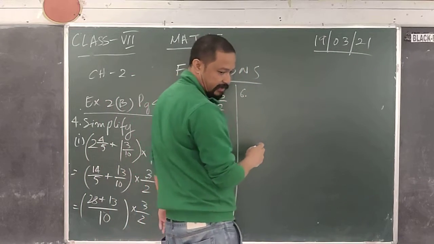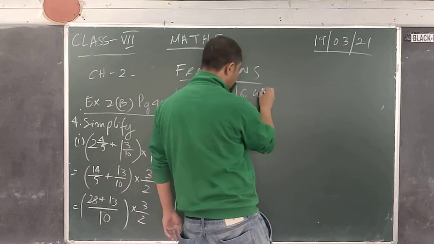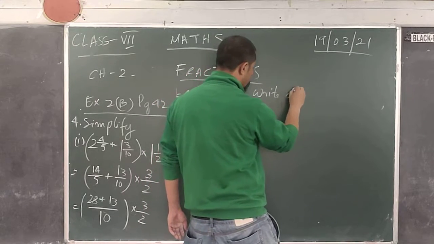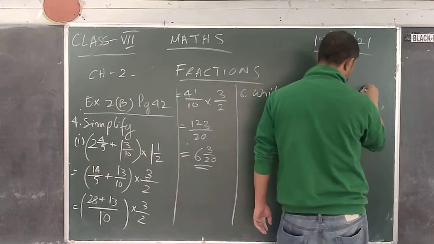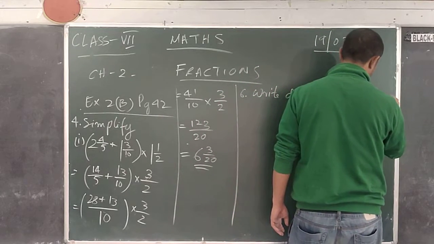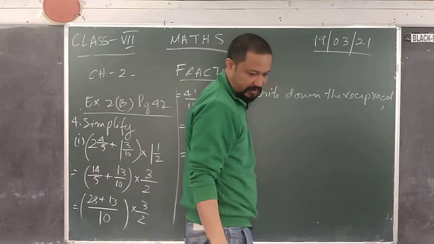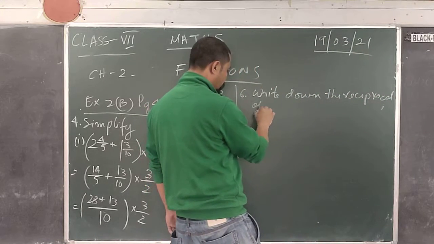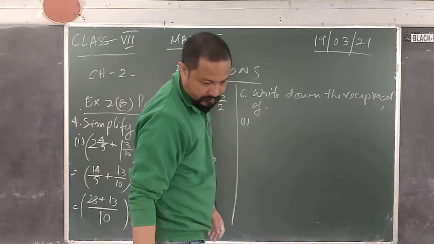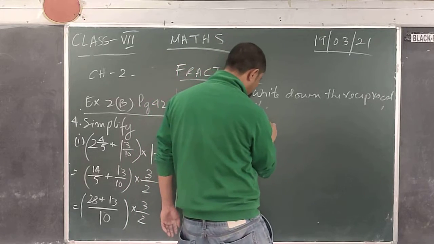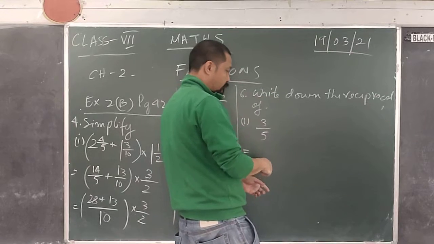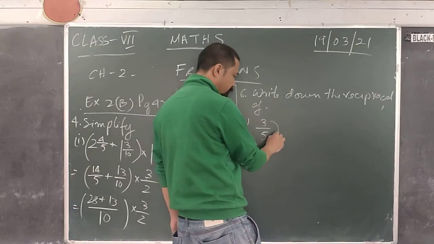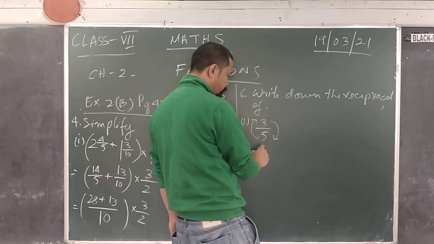Question number 6 says write down the reciprocal of. Okay, so what is the first one? The reciprocal is 3 by 5. Reciprocal means turn it around. The numerator becomes the denominator, the denominator becomes the numerator.